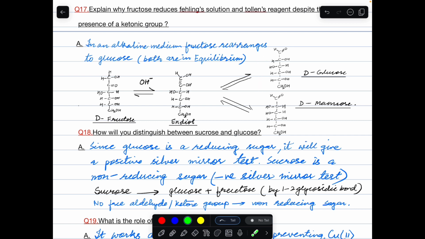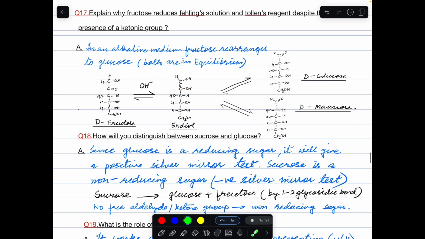The second carbon, next to the aldehyde carbon, has different stereochemistry if you compare D-mannose and D-glucose. So basically D-fructose is in equilibrium with D-glucose. Therefore, because of this open chain structure of glucose which is in equilibrium with fructose, you will get all the tests that we get in case of a reducing sugar.